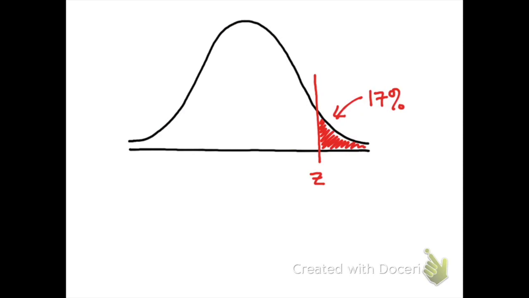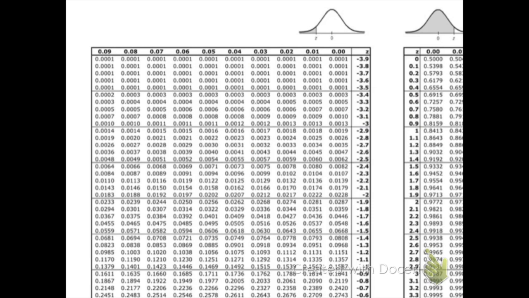Now suppose we want to find the z-score that corresponds with the area to the right of 17%. There are two ways to look for this value on our table. One is to start by looking up 17%. If we look for 17% in the area section of our table, we find the closest value to be 0.1711, and the corresponding z-score would then be negative 0.95.